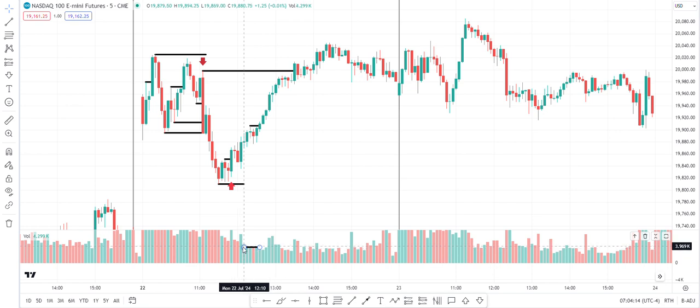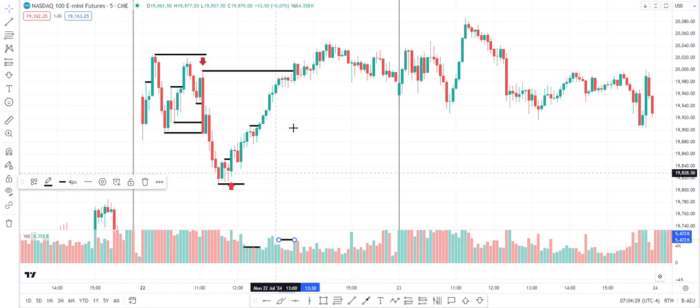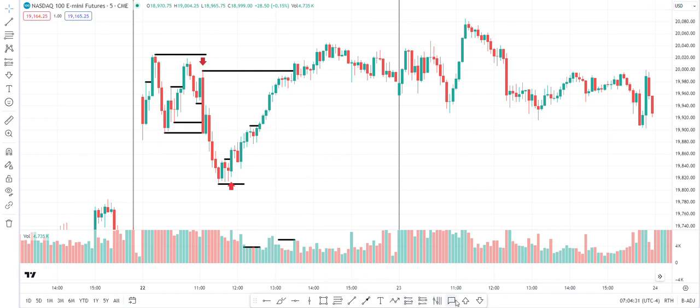It's all equal, but there's one higher, so this one is still valid. Then the next break comes up here. 1, 2, 3, 4, 5. Valid break. I should actually be using these arrows. Valid break.